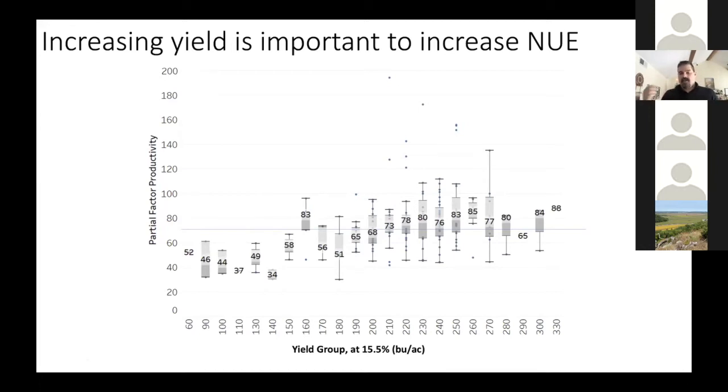So it's not just about reducing nitrogen, although certainly there are cases where we're seeing some over applications. It's really about how much we can grow and how much nitrogen we can take up and remove from the system. So that's the yield side of things.